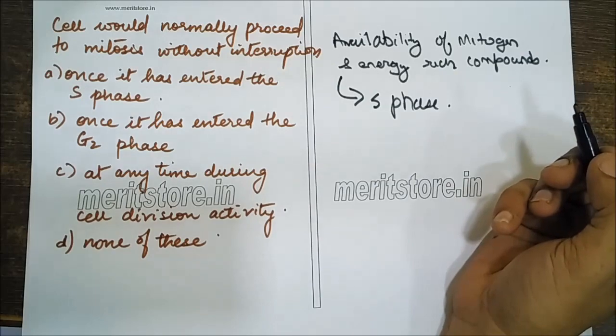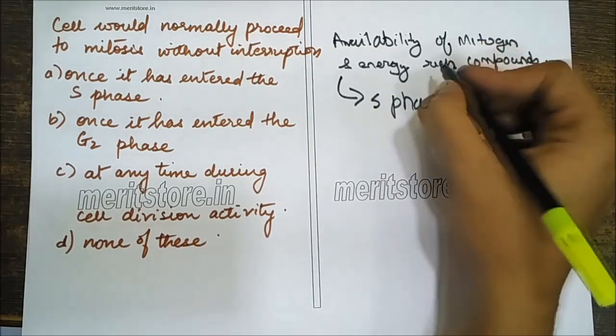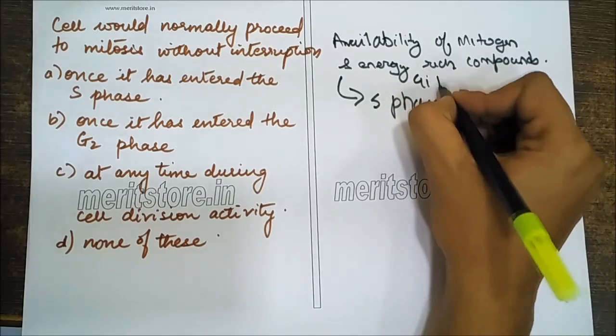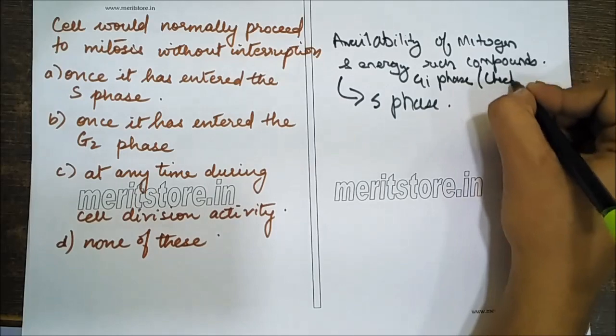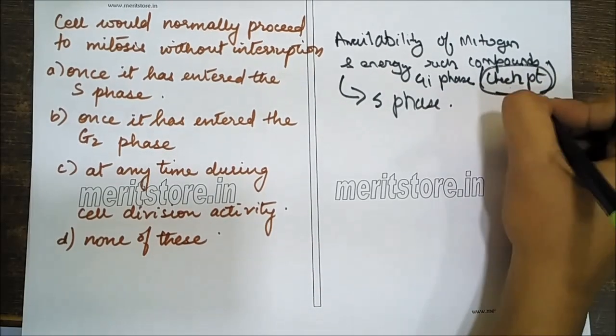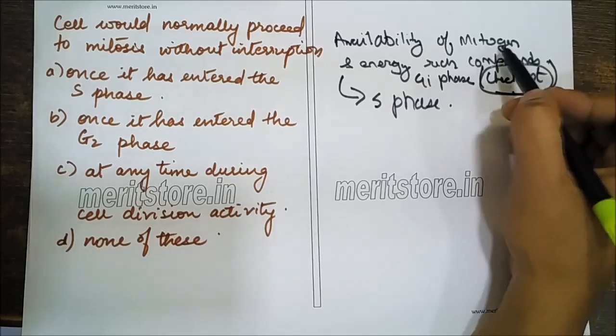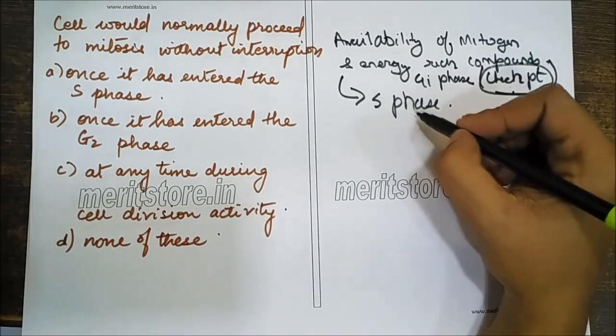Now G1 phase is the checkpoint. What will be checked? Whether there is enough quantity of mitogen or energy rich compound. So if it is there, then it will proceed to the S phase.